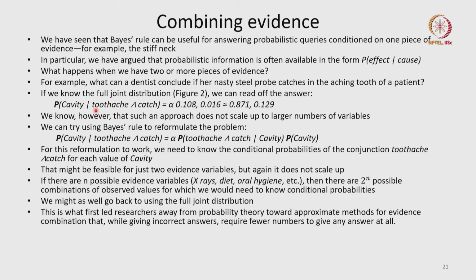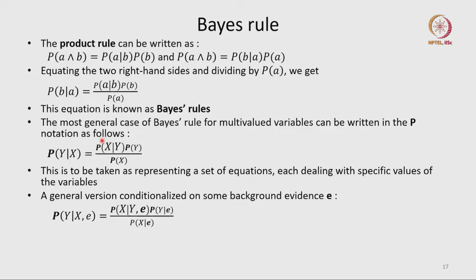P of cavity given toothache and catch. If you have something like this and you have the full joint distribution, you can just get this information from there. Since all the values are there, we need to see toothache and catch. Let me go back and show you that.